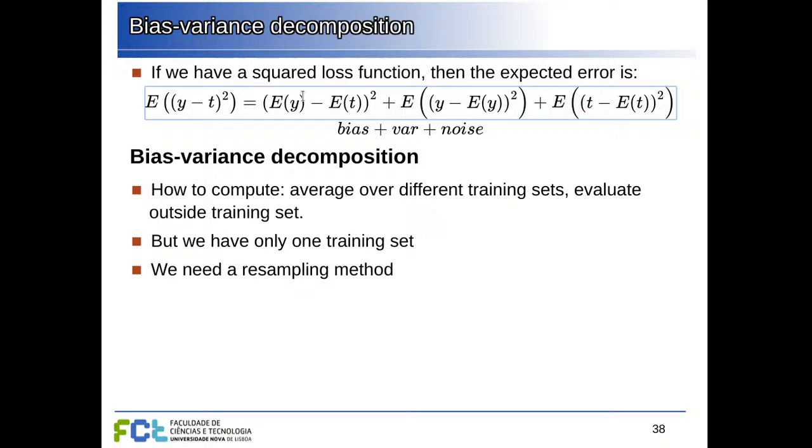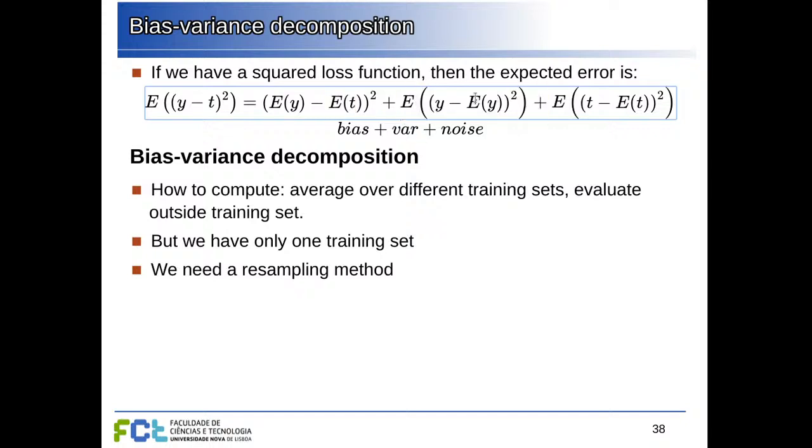These E here are averages, expected values, and then we add to this the average of the square of the difference between each prediction and the average of the predictions, and then this additional term, which is the expected or average squared difference between each of the values we have in our data and the average of the values. So basically this is bias, because this is how on average our prediction is distancing itself from the actual values.